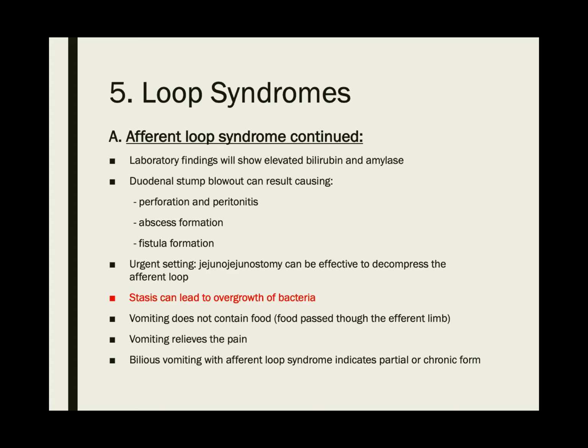As you know, if there is any obstruction, there would be bacterial overgrowth, and it can lead to blind loop syndrome. So vomiting doesn't contain food through the efferent limb.